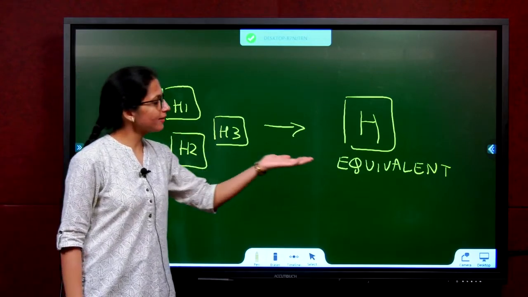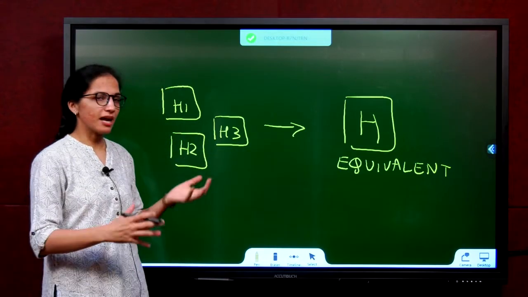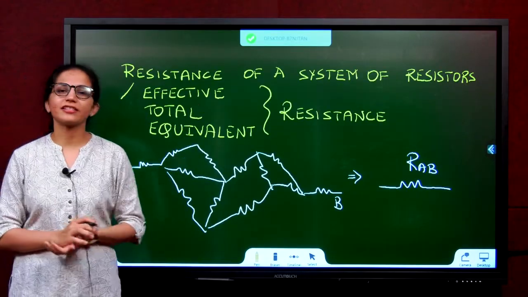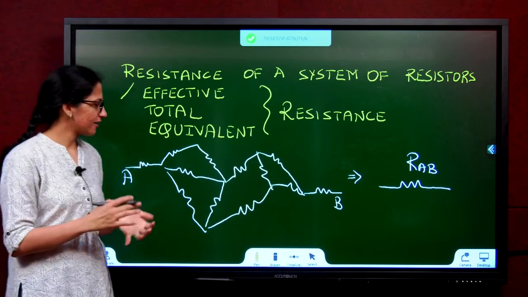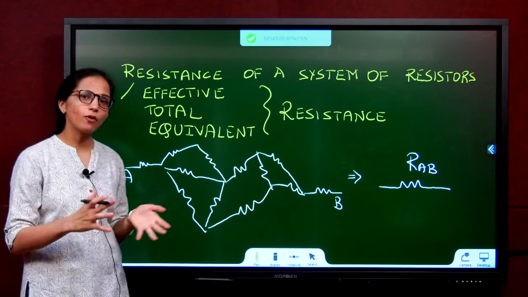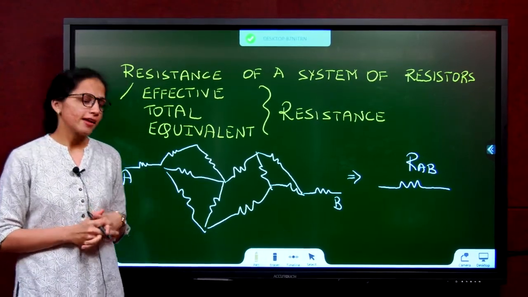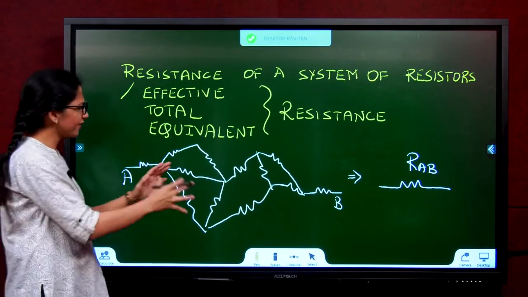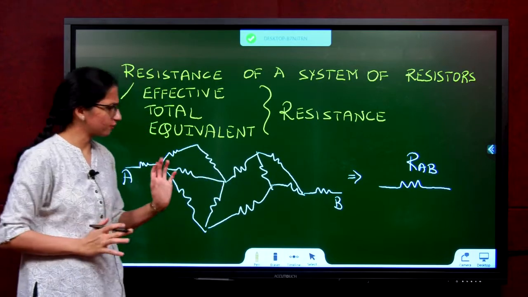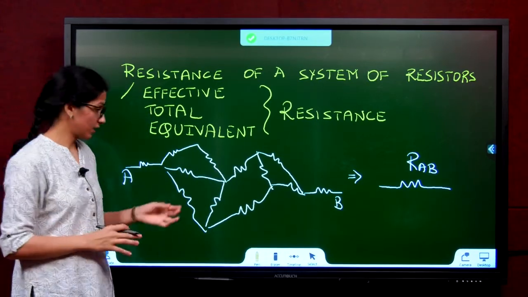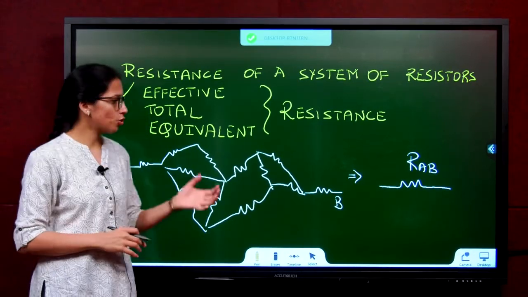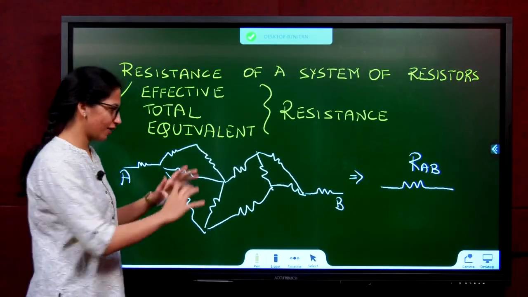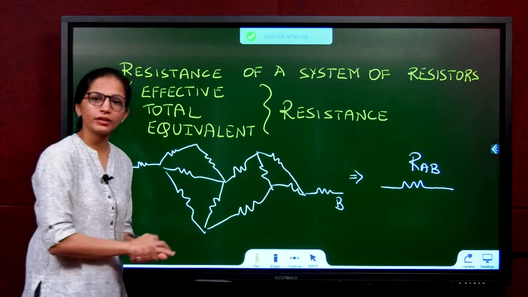Similarly, we are now going to understand what happens with resistors. Resistance of a system of resistors. Imagine now, just like how we studied with the heater, here you have many resistors connected in a very complicated way. You don't know what to do. So now, is it possible to have a single resistor that gives you the same effect as all of them put together?